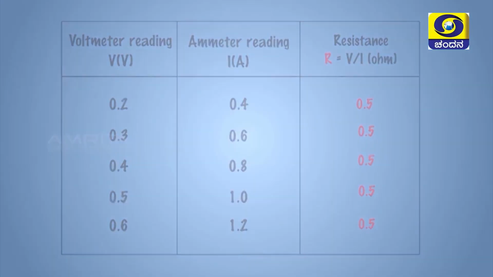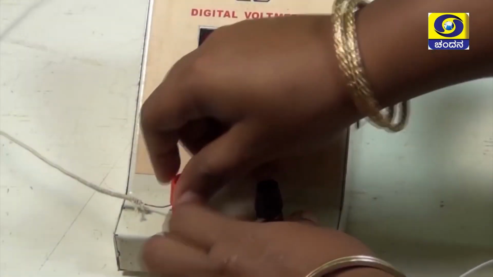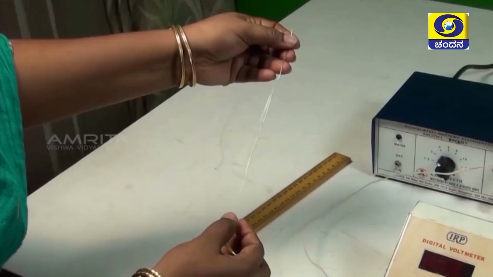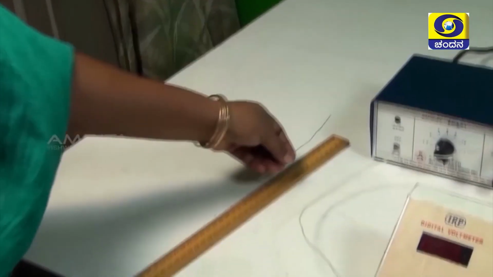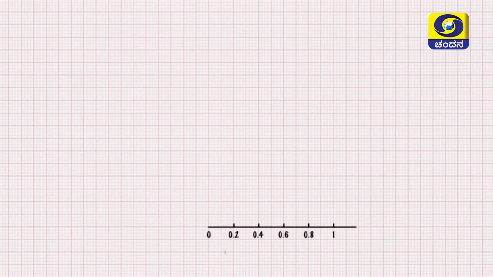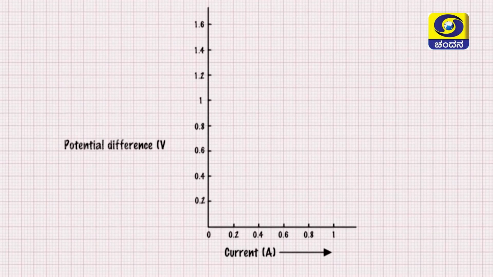Now we will take out the wire and we will measure the length of the wire. Now the values of electric current on the x-axis and the values of potential difference on the y-axis are plotted on a graph, and we observe that the graph is a straight line.